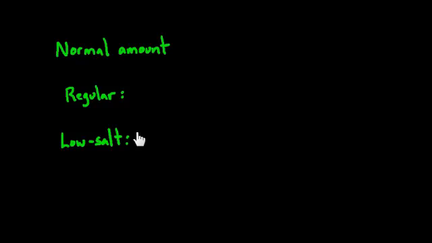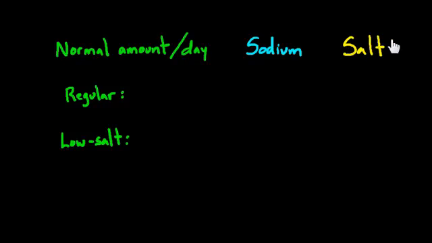So let's do the sodium perspective first. So the normal amount you should get, actually let me write per day. And let's do sodium. And over here we'll do salt. So the regular amount of sodium you should get per day is about 2,300 milligrams.